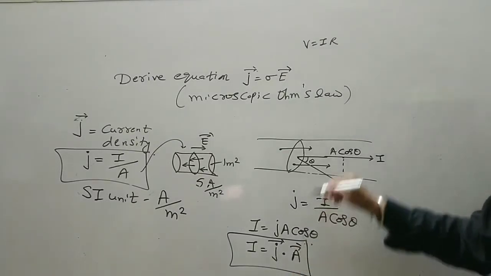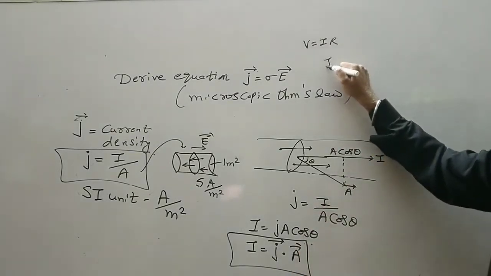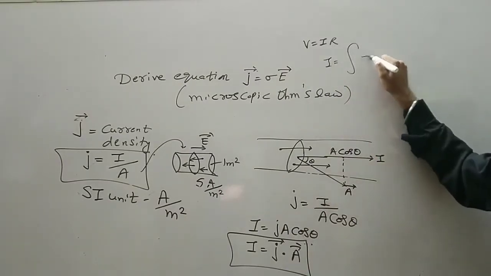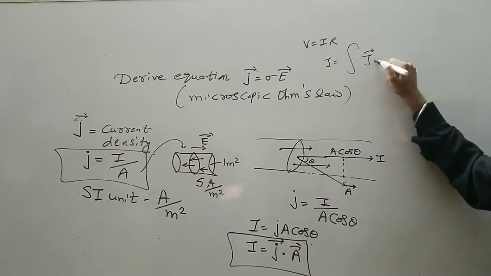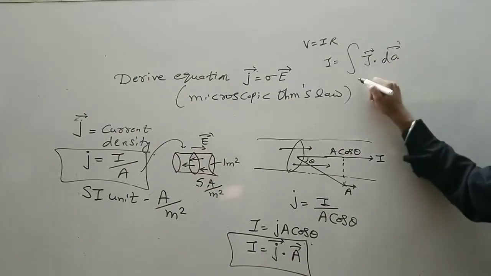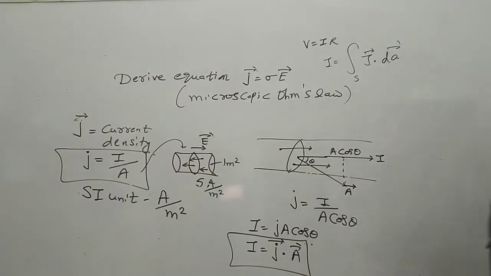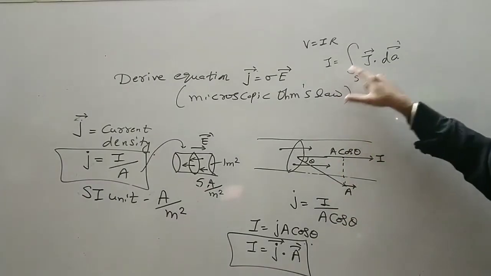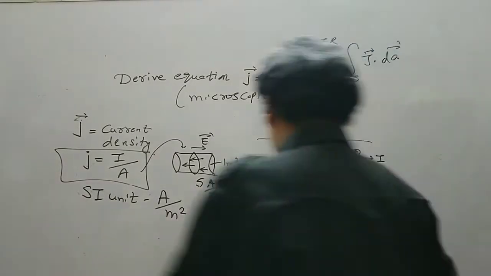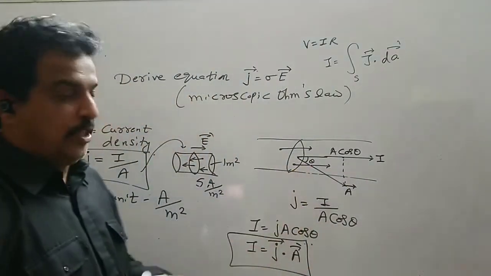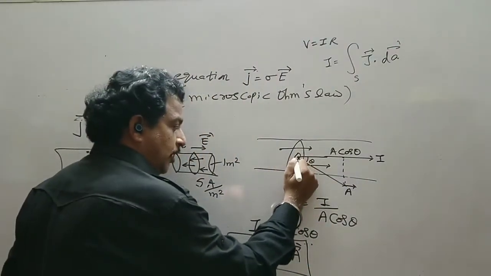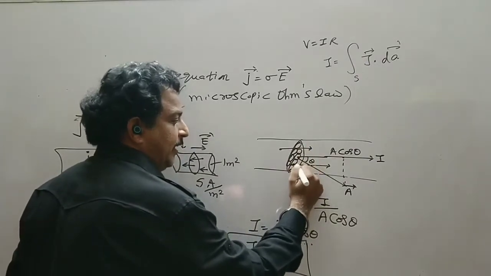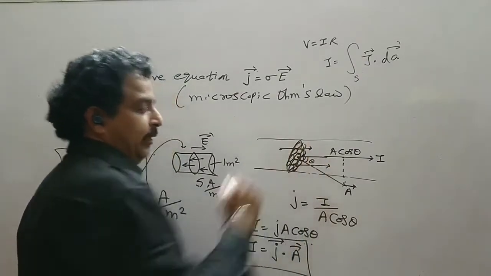So sometimes we write this equation as I is equal to the integration of J dot dA, where this is a surface integration like we have defined the flux. This is the situation when we have to deal with a non-uniform case: the entire cross section is divided into small elements, and if you remember, these elements are known as area elements.